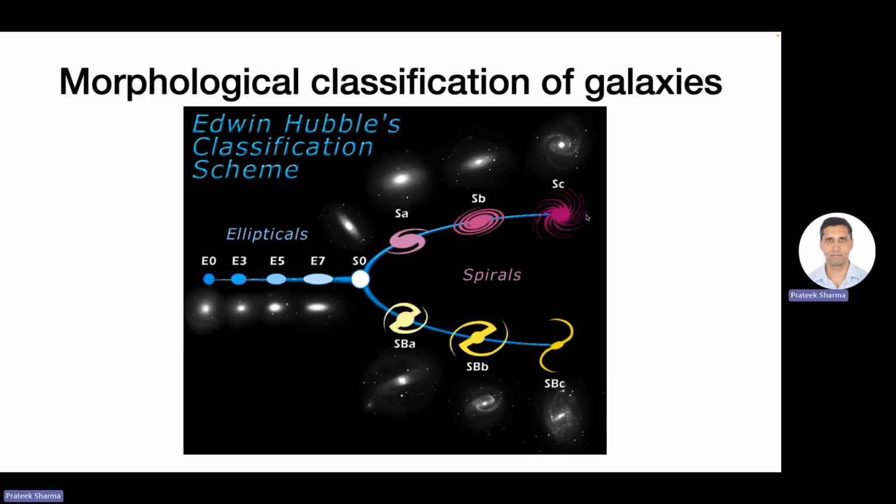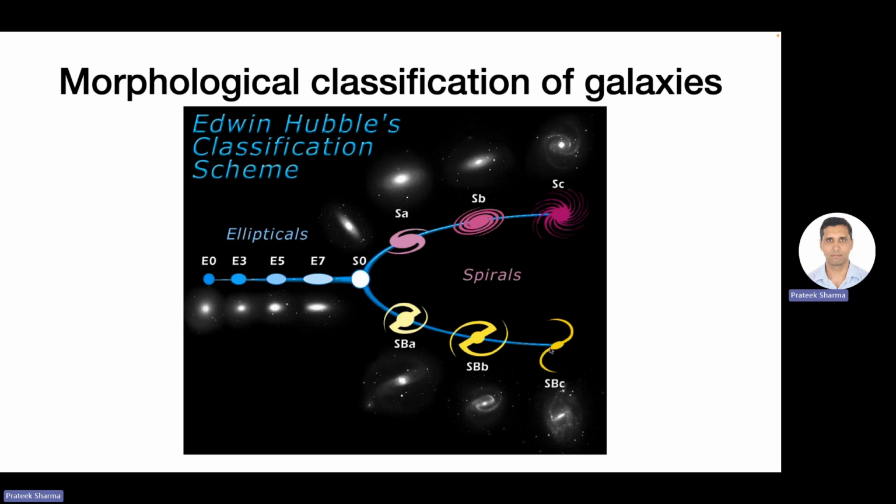As you move towards the right, you become more dominated by the spiral features, and a larger fraction of light comes from them. The same is true here: the spirals become more open as you go towards the right.